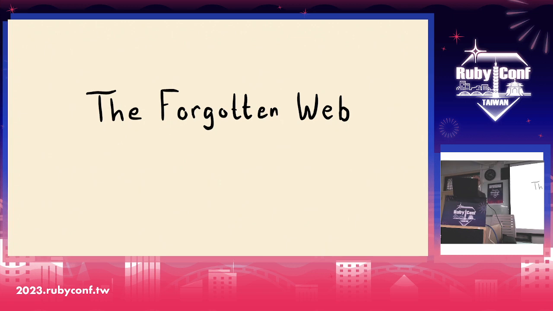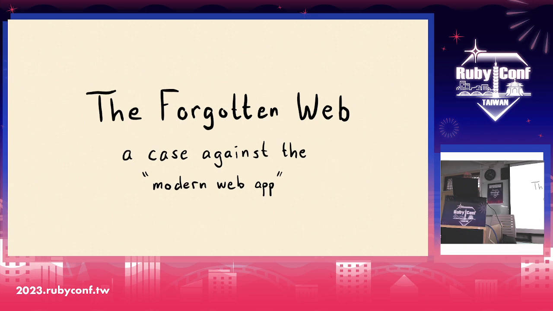I think if this presentation had a subtitle, it would be something like a case against the modern web app, which is a term I have some gripe with because it's a term that's become very popular, but it was never really clear to me what it means.